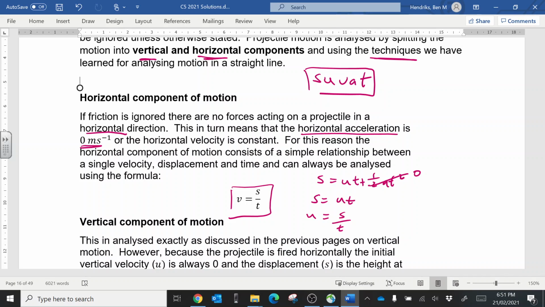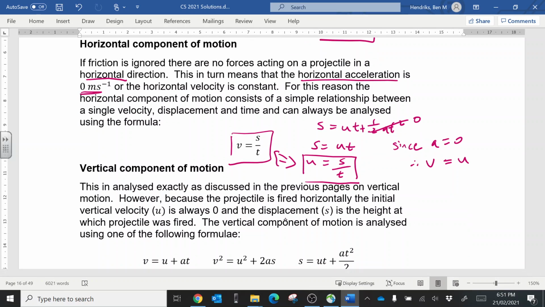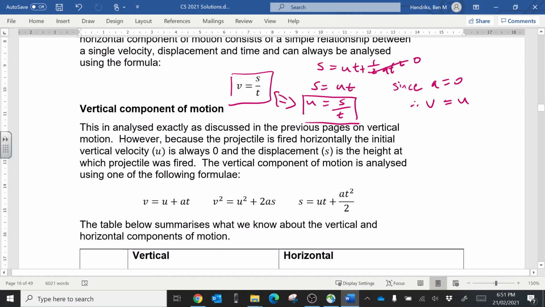And since a is equal to 0, that means v is equal to u, so those two equations are in fact the same. So you can always rely on writing down SUVAT and going to your equations of motion to solve these problems for the horizontal, so you don't have to remember which one, just rely on this one and that one.